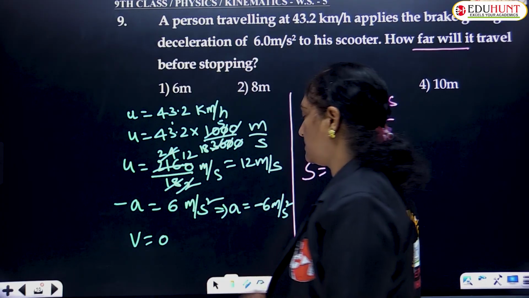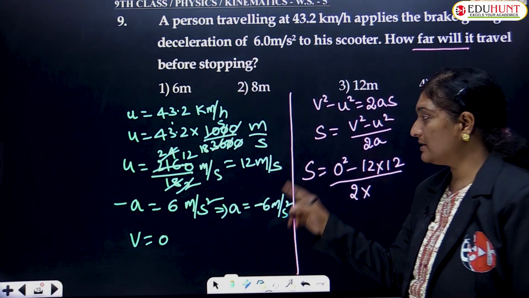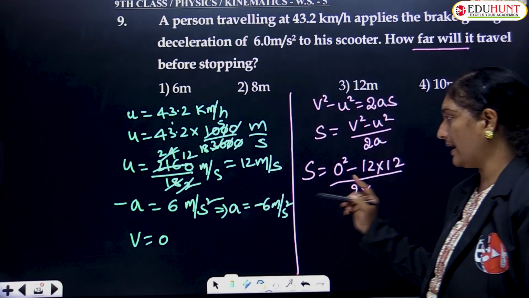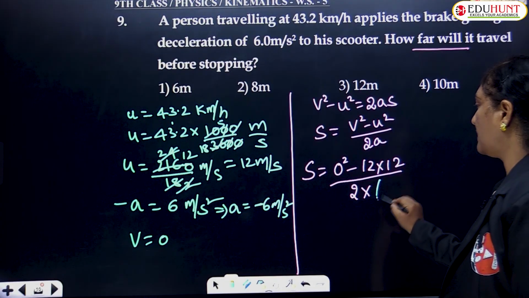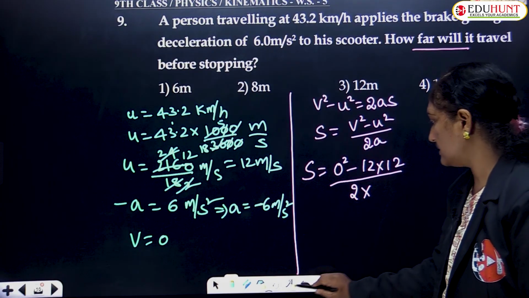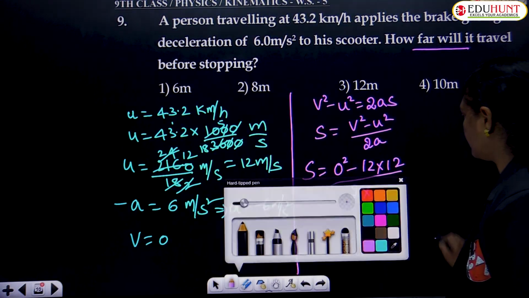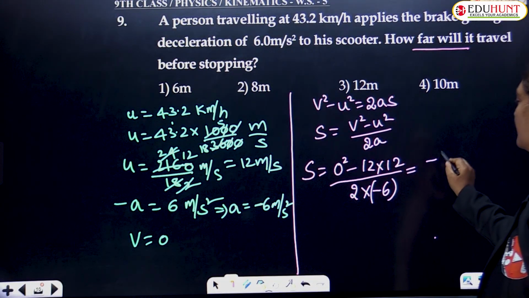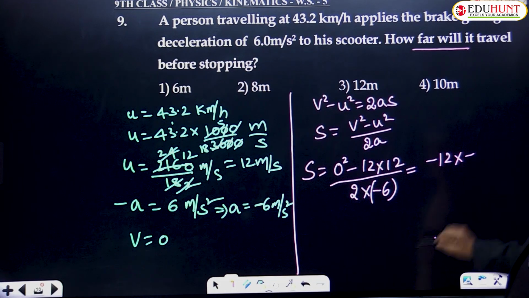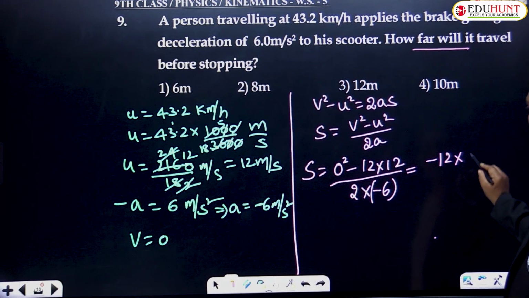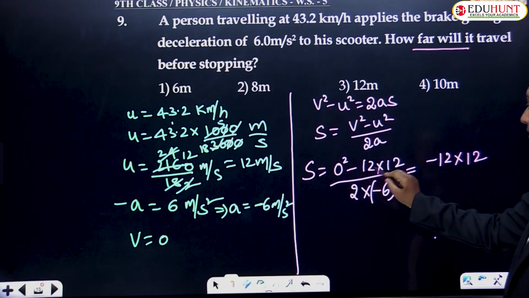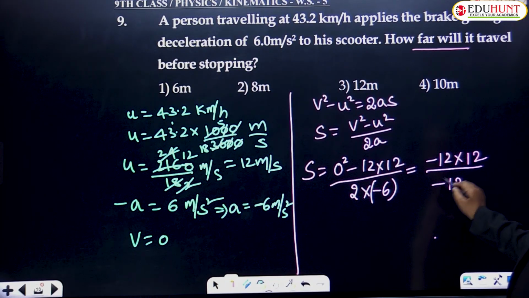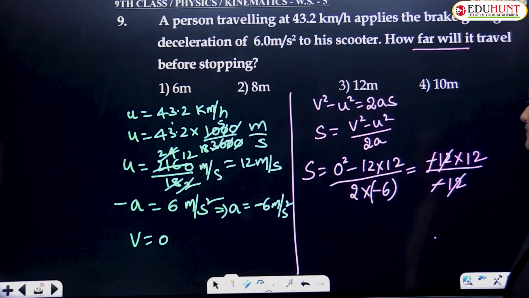So note down this, children. Deceleration means minus A. Minus A was given as 6. So A will be minus 6. So here let me write it as minus 6. Okay, so for the simplification, minus 12 into 12 upon 2 into minus 6. 6 2's 12, minus and minus got cancelled, 12 and 12 got cancelled.